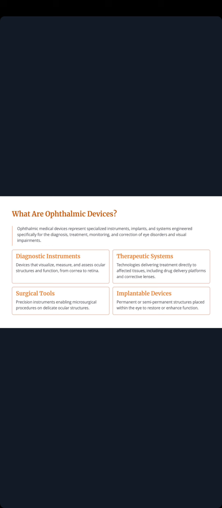For the diagnostic tool, you use those devices to measure, to assess ocular structure, to see the function of the cornea or retina. For therapeutic systems, you have different types of treatments that the technology may deliver, such as drugs exactly to the affected tissue in the ocular system.